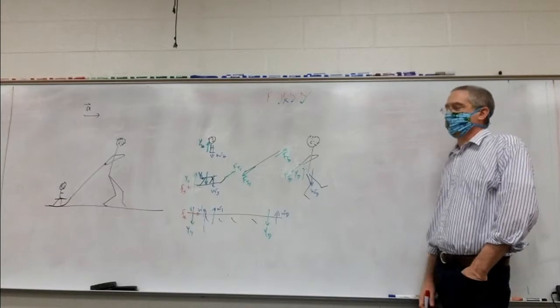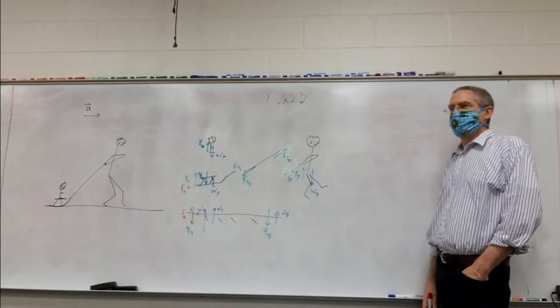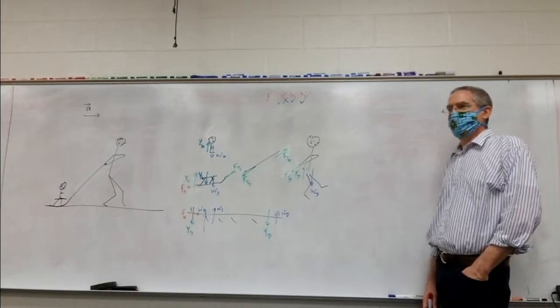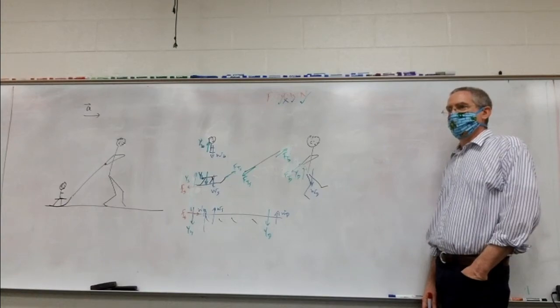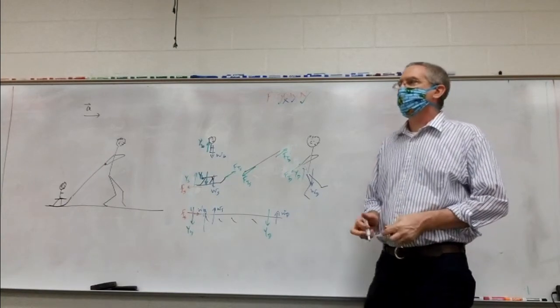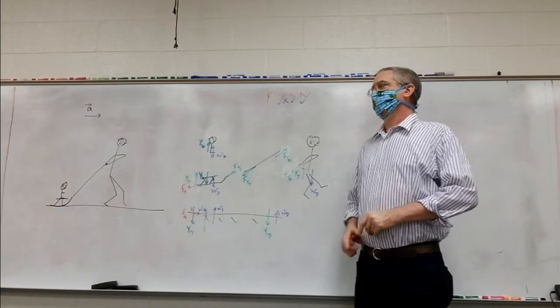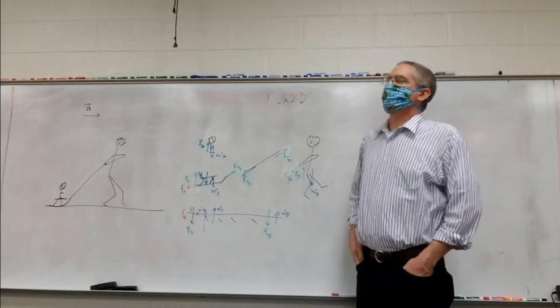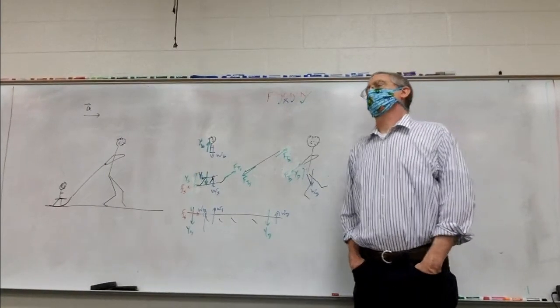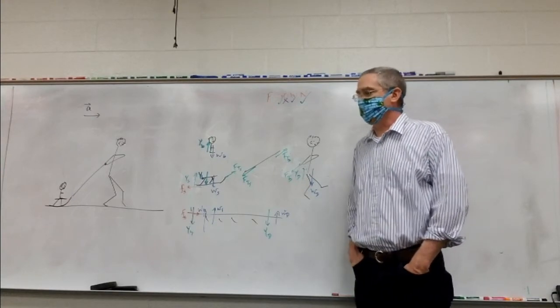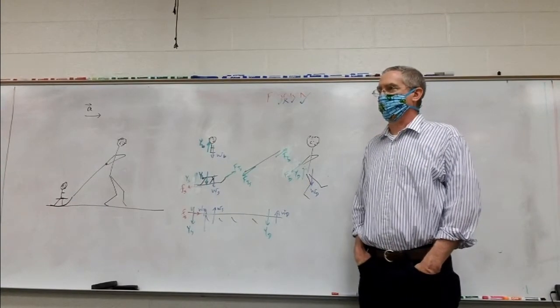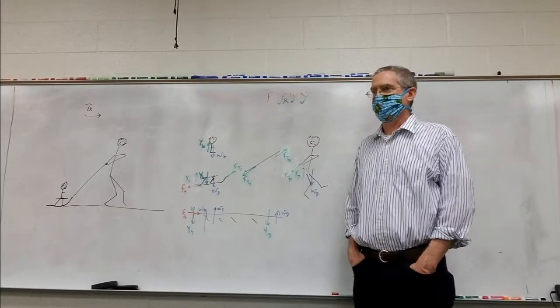Let's do boy and sled next. He's not moving on this, he's just sitting on the sled. It's not a question of whether he's moving or not, it's a question of which way he would move. If this were frictionless, which way would the boy move relative to the sled?